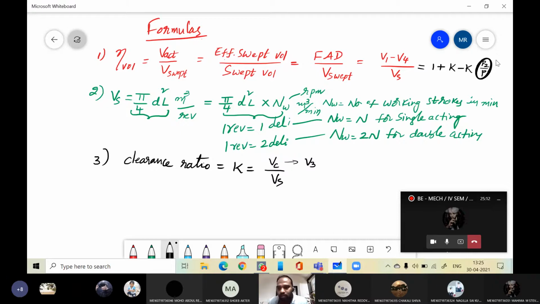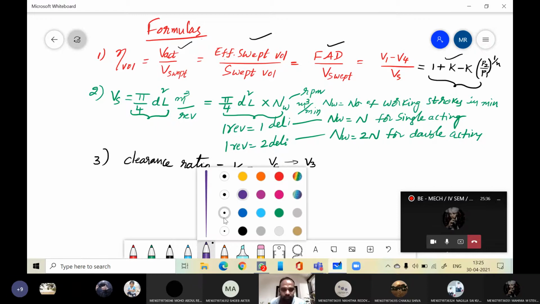So how many ways we can write volumetric efficiency? 1, 2, 3, 4 ways I can write the formula to calculate the volumetric efficiency, right? The derivation of volumetric efficiency in terms of clearance ratio is also very, very important. Okay, so this is the clearance ratio.